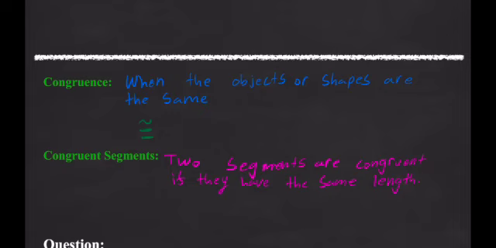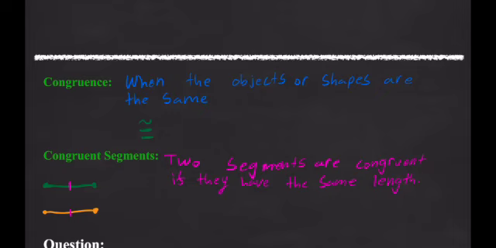Okay, so here's how we would write it. If we wanted a shorthand way of saying that two things are congruent, let's assume that we have two line segments. Let's say we have this line segment, and this other line segment. If they have the same length, we can indicate that by a little tick mark across the line segment.